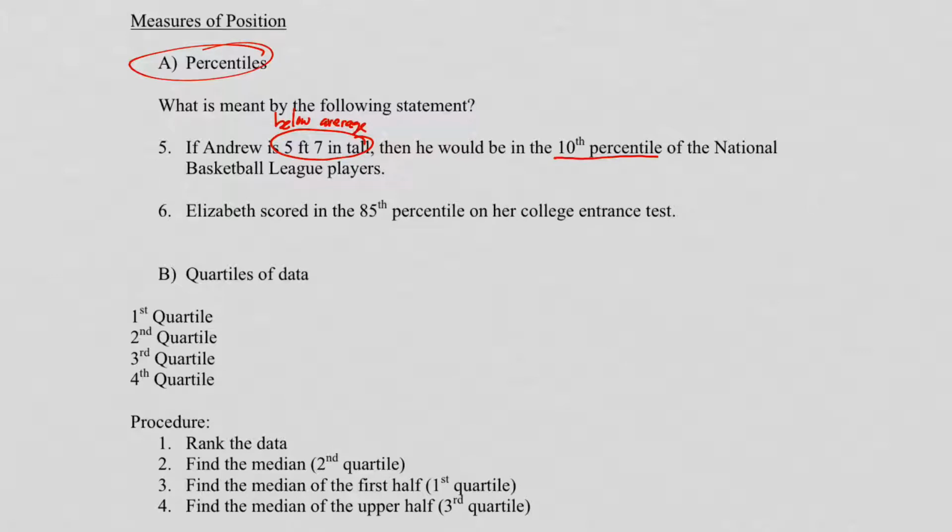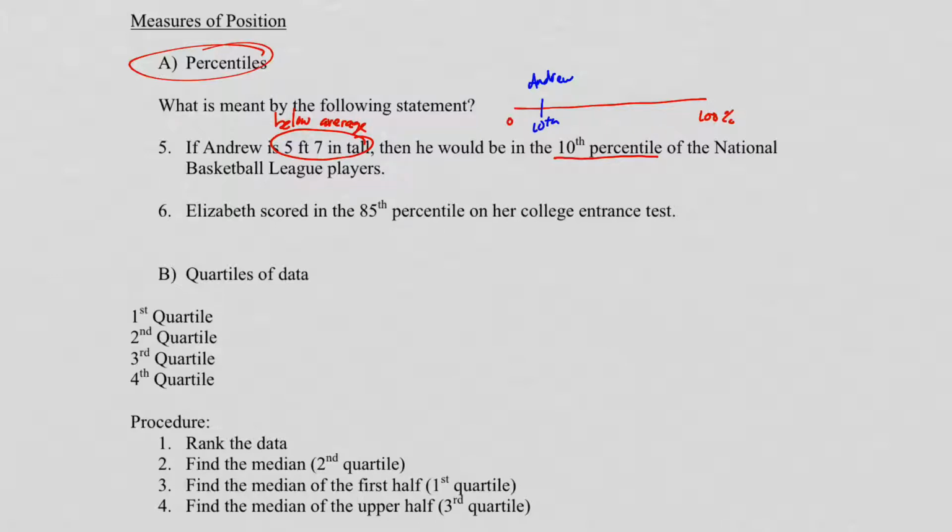Okay, so in other words, if this is 0 to 100%, Andrew is way down here. Here's Andrew. 10th percentile, 10%.